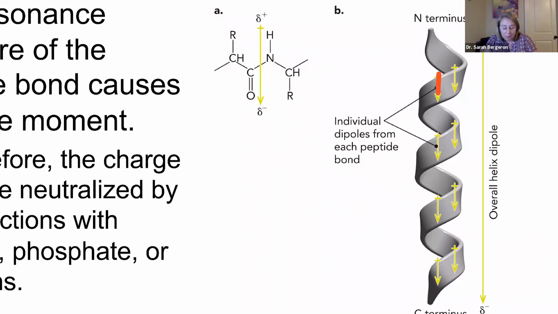It has one side that's positive and one side that is negative. And they're all arranged in the same way along the entire length of that helix, right? Since they're all pointing in the same direction, all the negatives are pointing in the same direction, what you end up with is an overall helix dipole.